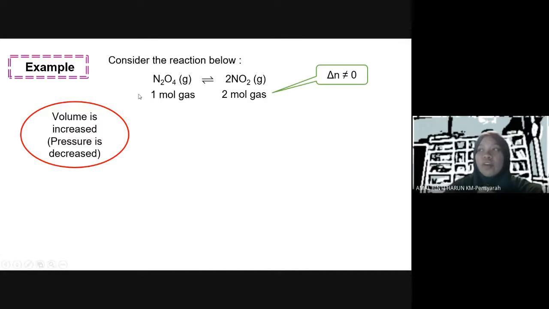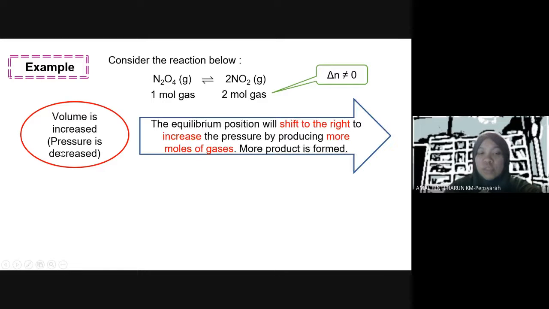Kita tengok dekat sebelah kiri, 1 mole of gas and right side is 2 mole of gas. So right side lagi banyak number of mole gas. So kalau kita nak naikkan pressure, we need to shift to the higher number of mole, which is we shifting to the right. Kenapa shifting to the right?